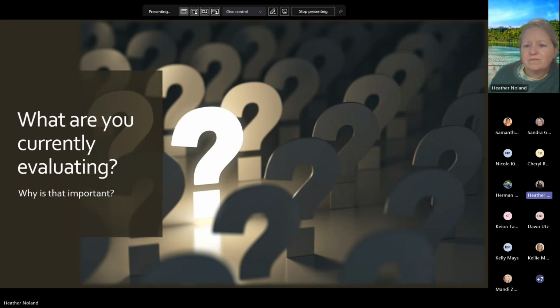Well, for the residency program, we're evaluating several things. We have a Casey Fink survey that they fill out three times throughout the residency, beginning, middle, and end, to evaluate their competency level, to see where they're at in their comfortability with skills and things such as talking to providers.